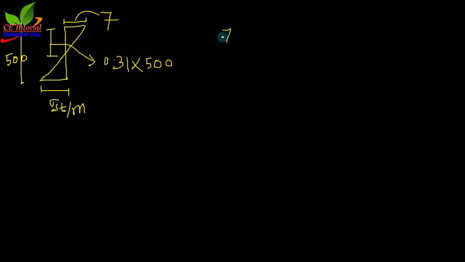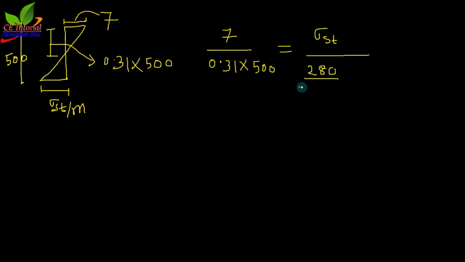So 7 by 0.31 multiplied by 500 equals sigma st by 280 by 3 multiplied by 7, that means 3 sigma CBC, into D minus KT, that means 500 minus 0.31 into 500.